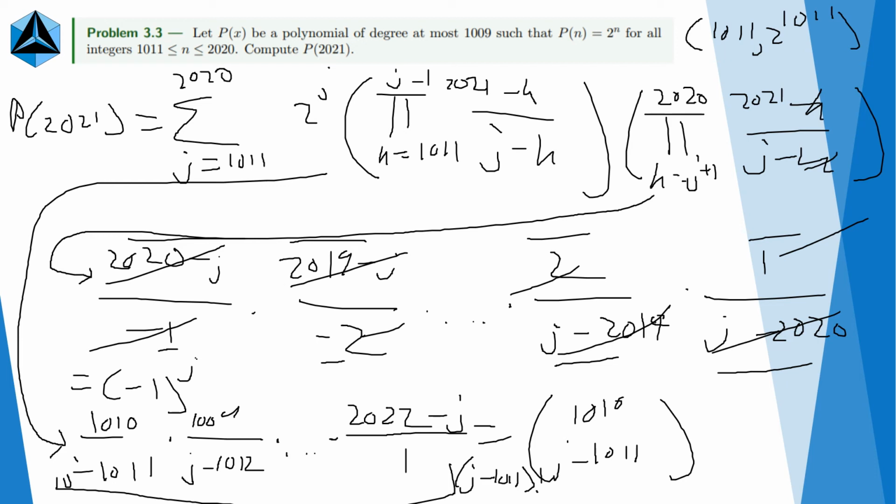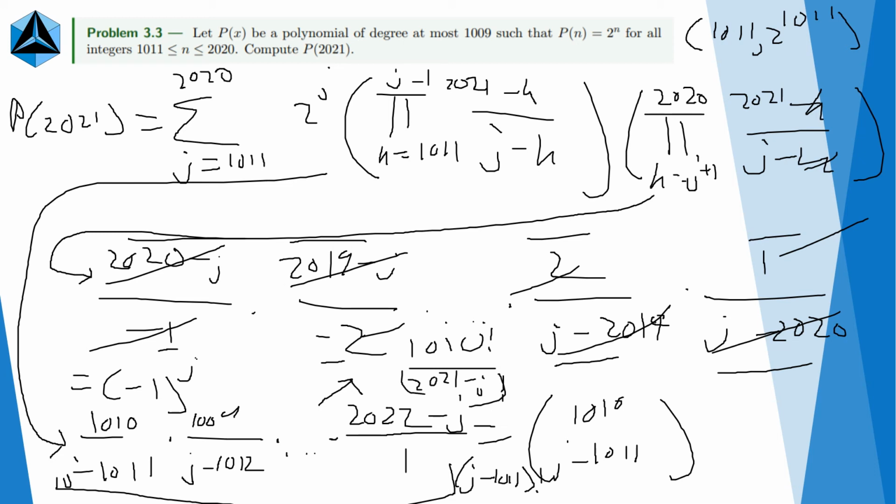And then up here we actually have 1010 factorial divided by, I'm sorry, it's not j, it's (2021 minus j) factorial.